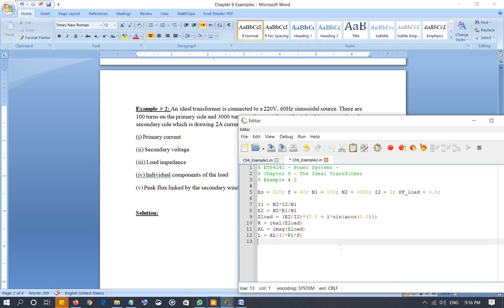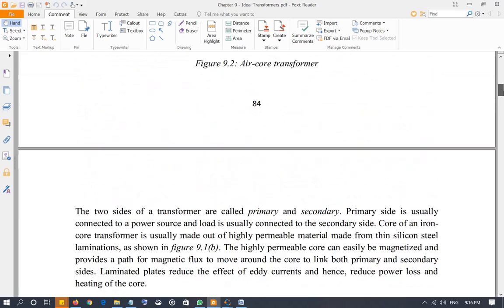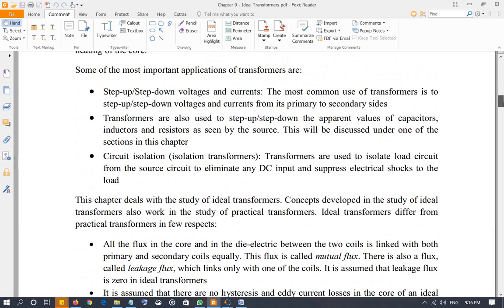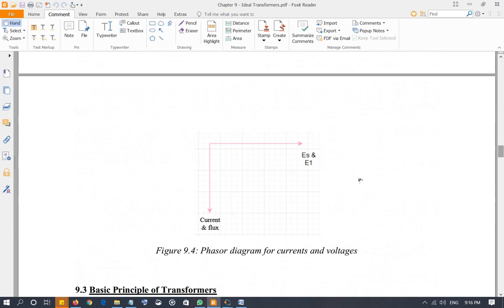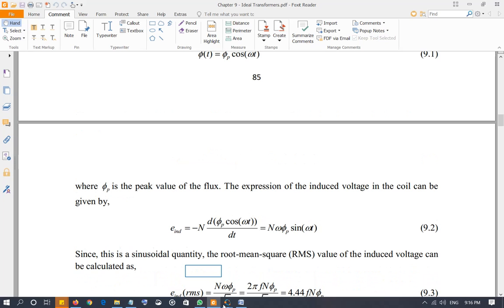And finally peak flux linked by the secondary winding. Again we go back to the notes where we discussed the flux and induced voltage relationship, which is right over here. E induced RMS is equal to 4.44 F and peak flux. So let's go ahead and use this.